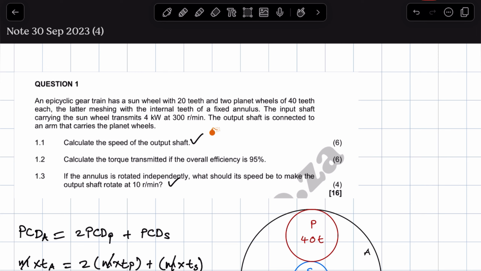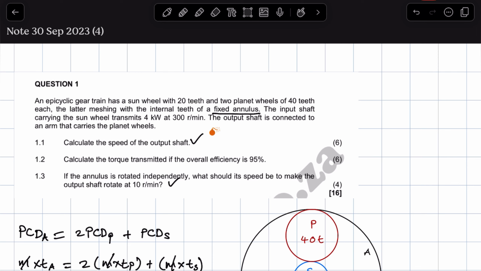For instance, the statement says an epicyclic gear train has a sun wheel of 20 teeth and 2 planet wheels of 40 teeth each, the latter meshing with internal teeth of the fixed annulus. So the annulus is fixed. That's one of the assumptions we can get from the statement, right?